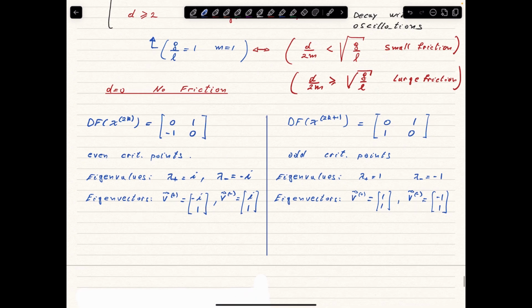So we see here that for the even critical points, we are going to have centers, and here we are going to have saddles, saddle nodes.